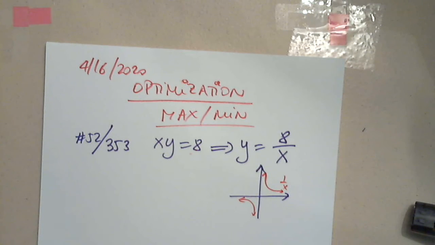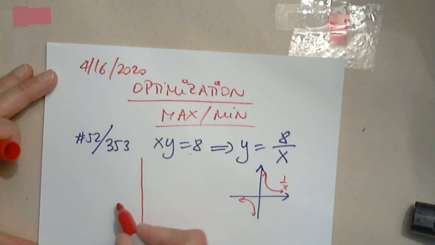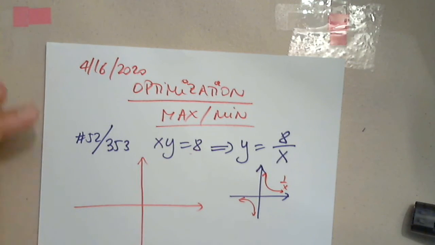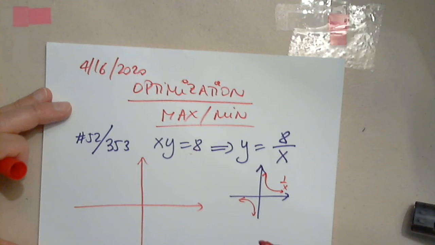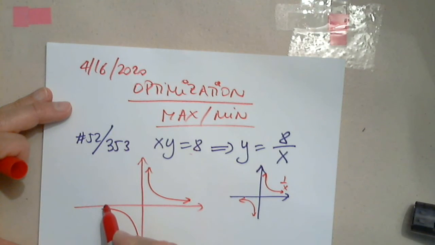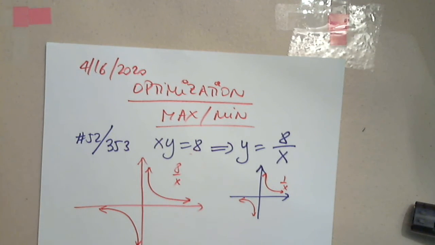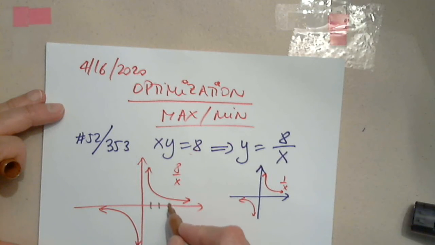Okay, so again, find a point on the hyperbola xy equals 8 that is closest to the point (3, 0). So assuming this is 8 over x, again the same shape, and let's say the point (3, 0) is this.